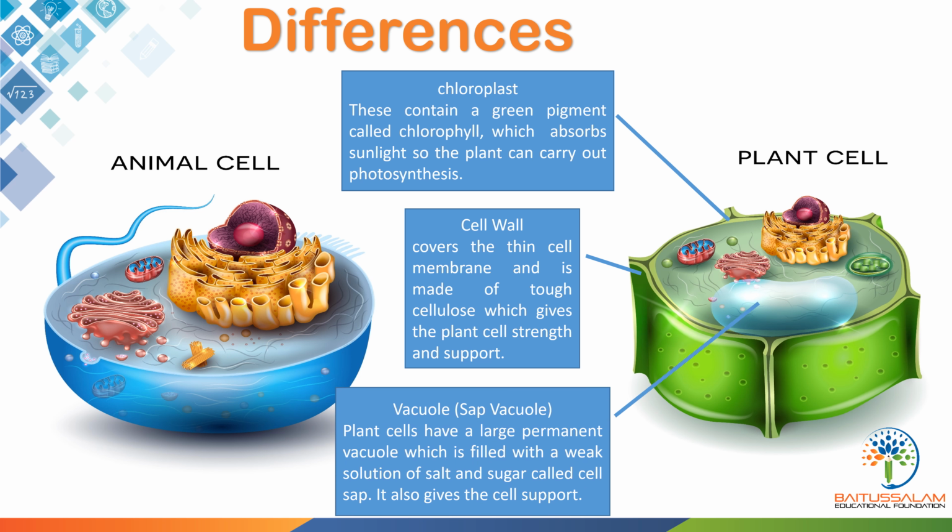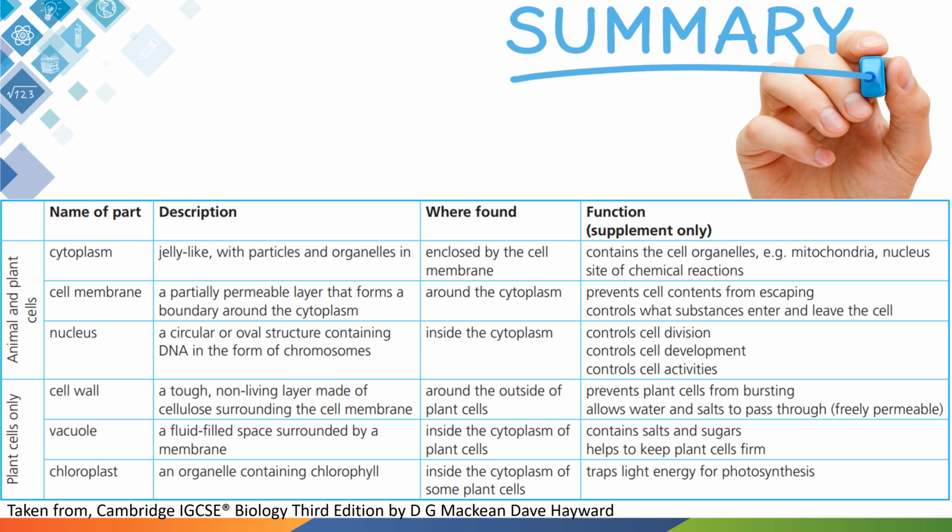Vacuole: plant cells have a large permanent vacuole which is filled with a weak solution of salt and sugar called cell sap. It also gives the cell support. Cell membrane: this is the thin skin around the cell. It gives the cell its shape and controls what passes in and out of the cell. The summary of animal and plant cellular structure is shown in the table below.